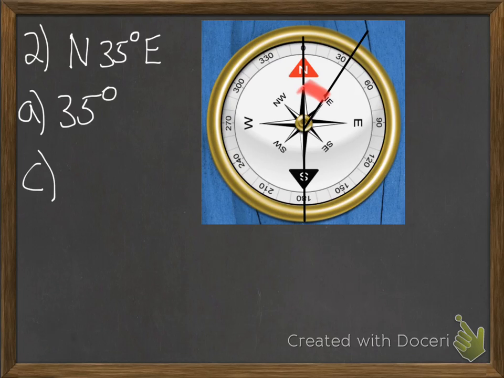To measure the angle in standard position, we need our x-axis. So let me squeeze that in there. And we need to measure this angle. Well, if we already know there's 35 degrees there, we're 35 degrees short of a 90-degree angle. And so therefore, in standard position, we're talking about a 55-degree angle.